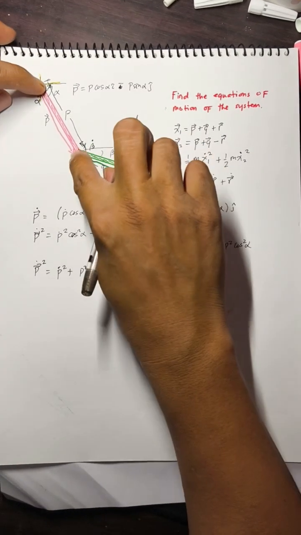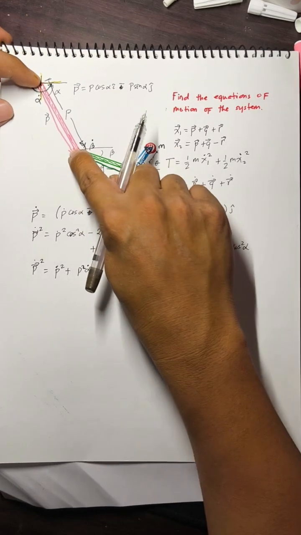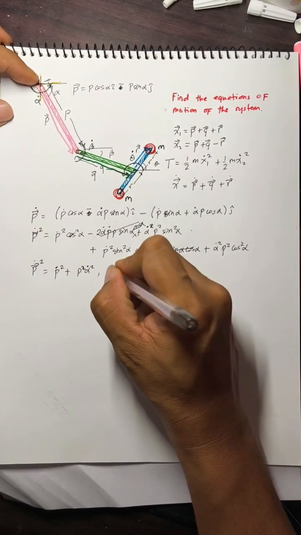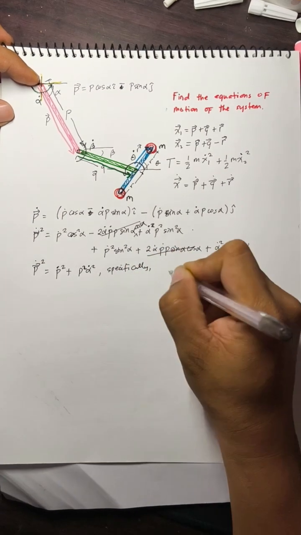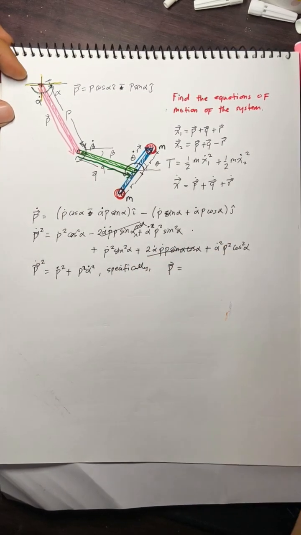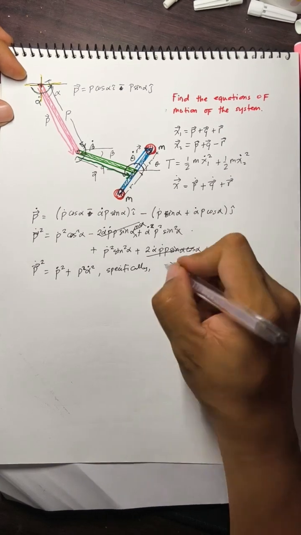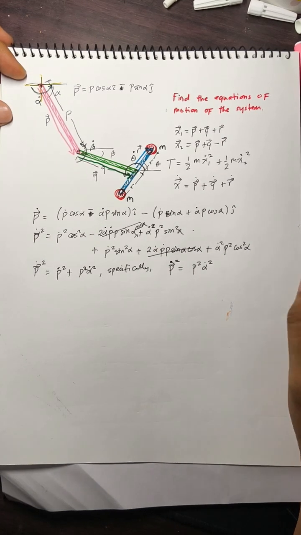Now in the case of our problem, p is actually constant. So in our problem specifically, our p dot squared would be equal to just p squared alpha dot squared. What's our p vector?